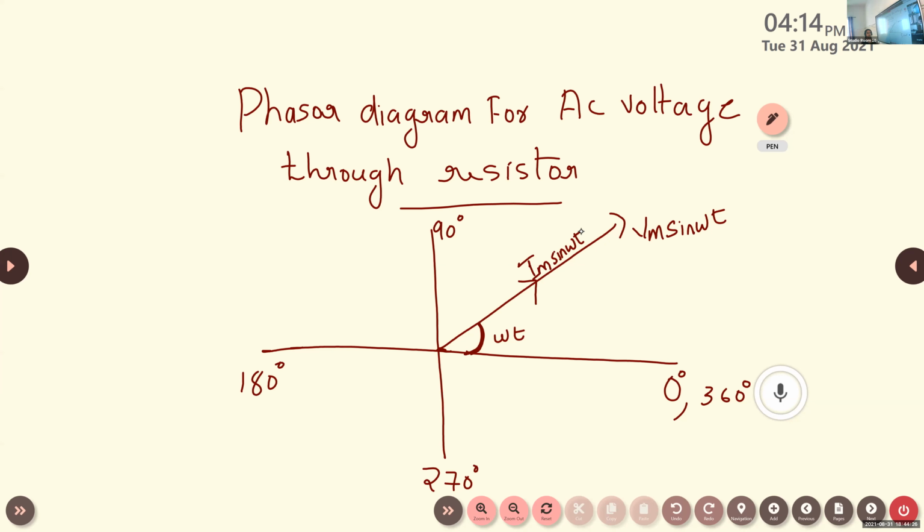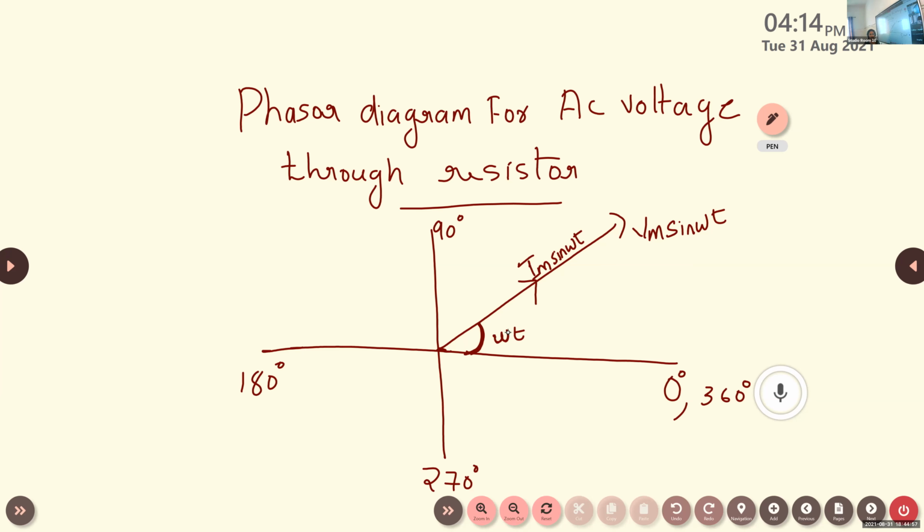You just try to learn by heart this phasor diagram for the AC voltage through resistor. In order to draw the phasor diagram, we mark 0 degree, 90 degree, 180, 270 and 360 degree. Phasor is a vector that rotates about the origin. And here phasor diagram is actually used to represent the phase angle. Here the phase angle is omega t.